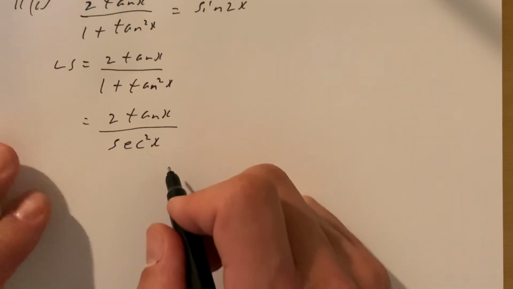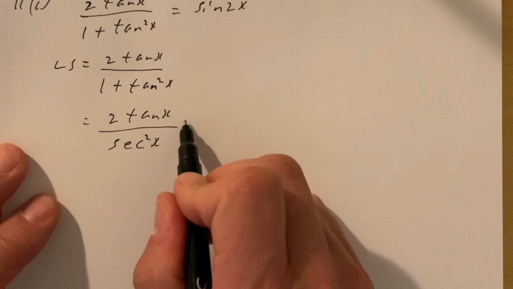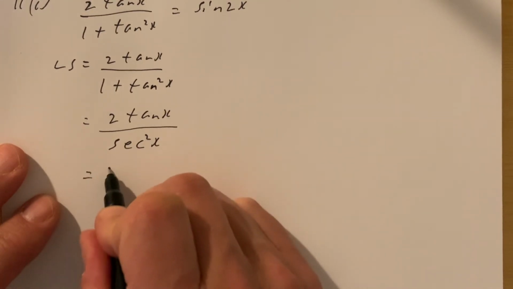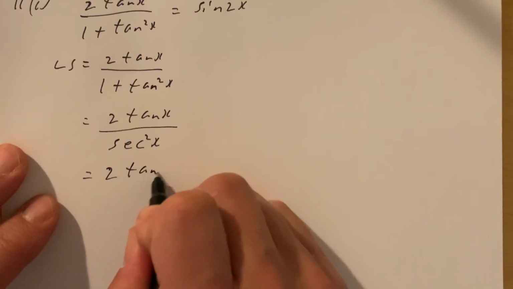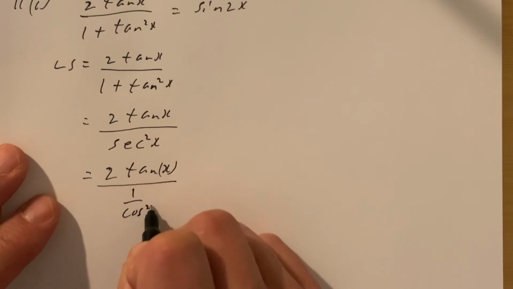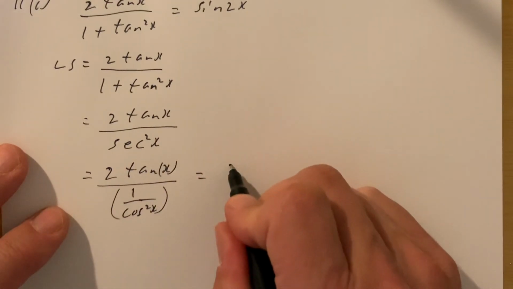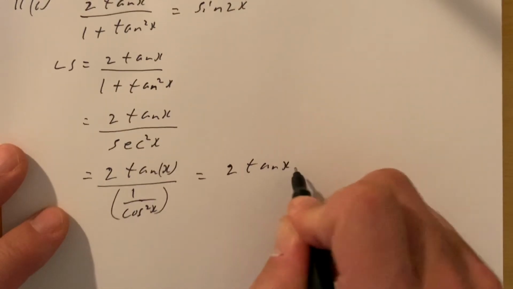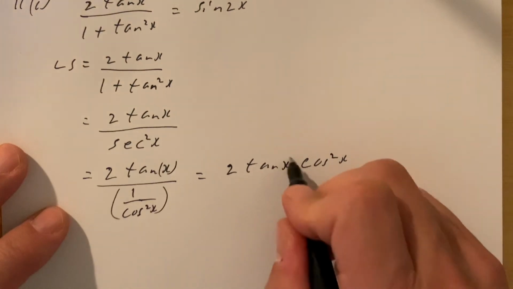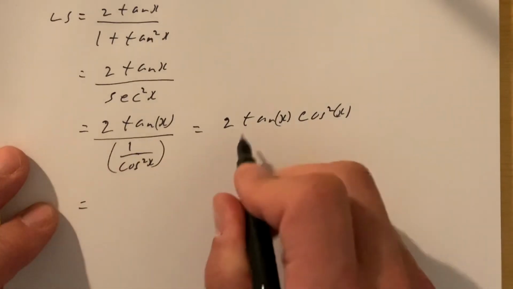Okay, and secant is just 1 over cos, so I could bring that up there and put a cos there. Okay, so equals 2 tan x over 1 over cos squared x, which equals 2 tan x cos squared x. Okay, now going to come down here.